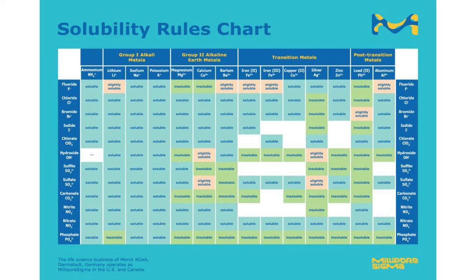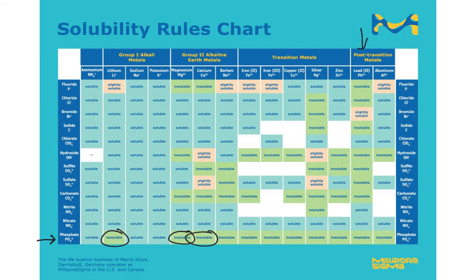And then we had nitrates, which would be this group down here, and you can see that all of your nitrates are also soluble. So those general rules do apply here. I'm going to try to get rid of some of these arrows that I've drawn on this page. Okay, so the green ones are what's insoluble, and you can see that most of the phosphates are going to be insoluble.